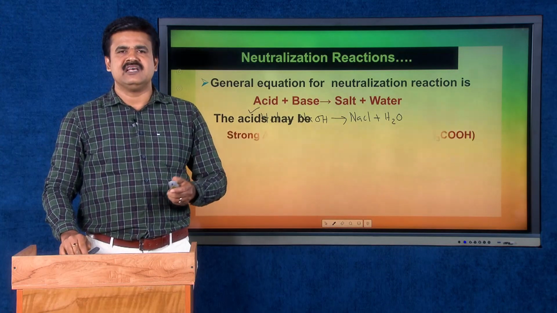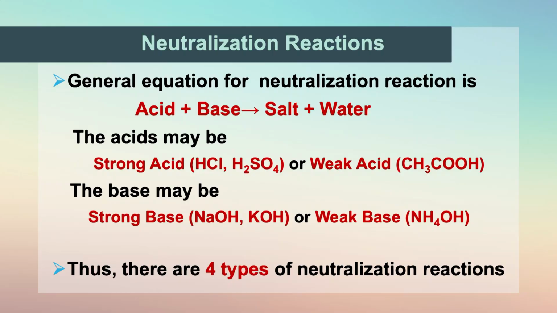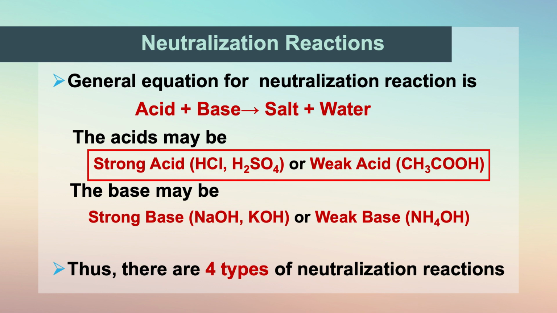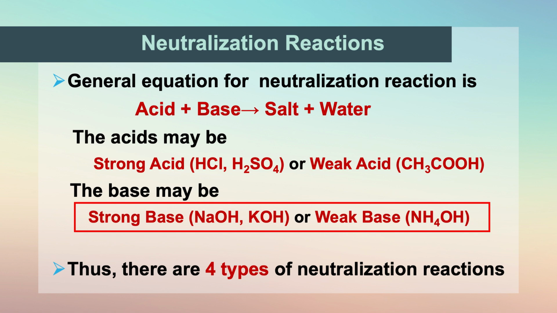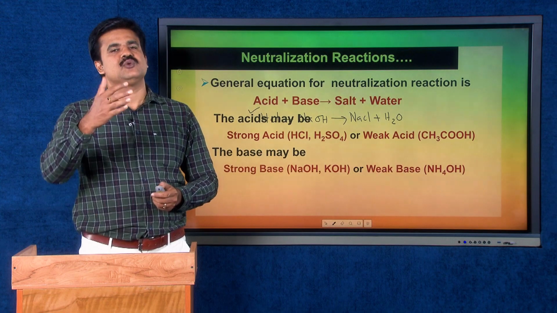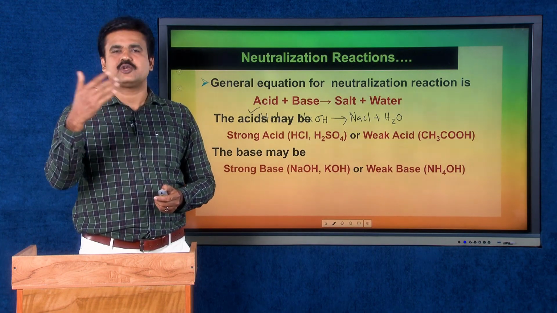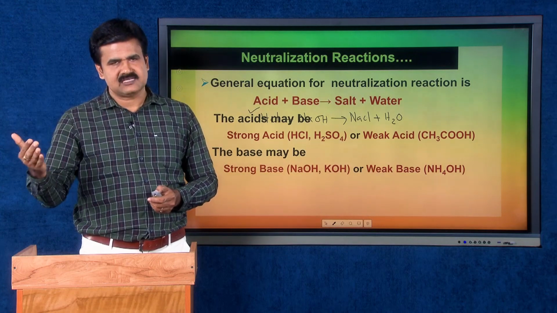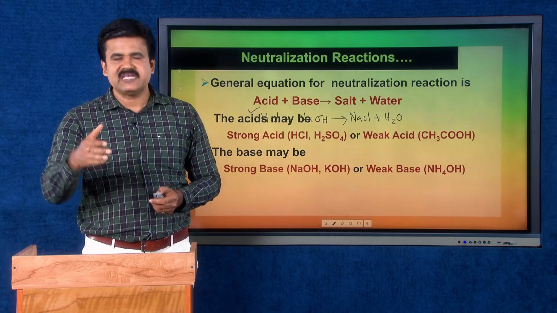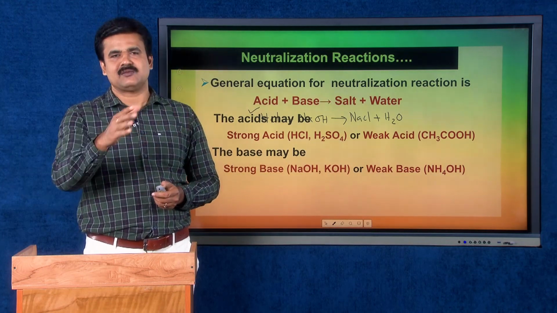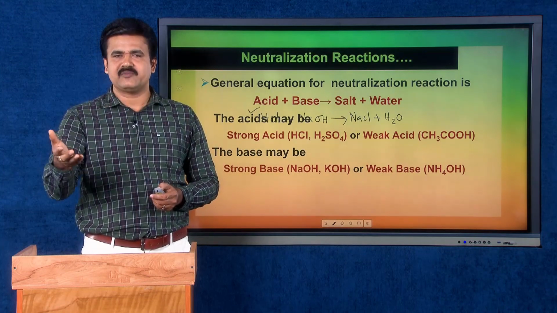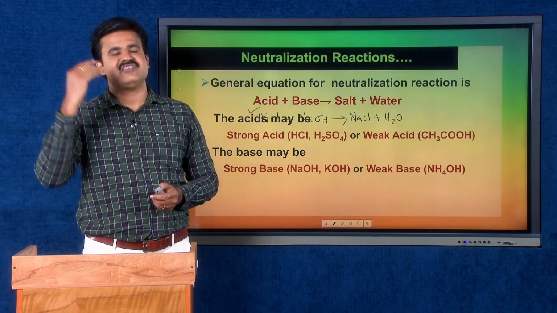Now, the acids may be strong acids like HCl or H2SO4, or weak acids like acetic acid. The bases may be strong bases like NaOH or KOH, or weak bases like NH4OH. So it implies that acids are of two types, strong acid and weak acid, and bases are of two types, strong base and weak base. These are the examples of strong acids and strong bases, weak acids as well as weak bases.